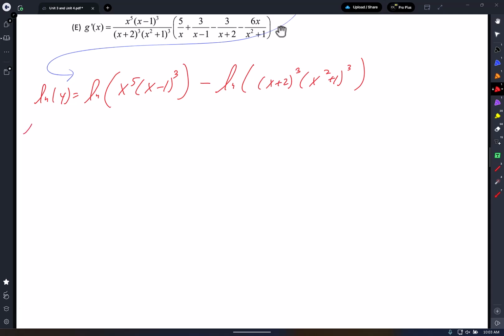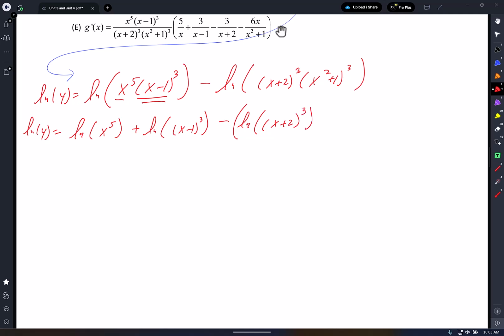So here we go. I'm going to write ln of y equals, and I have a product there, so I can rewrite this as ln of x to the 5th plus ln of (x minus 1) to the third, minus, and I got another product here, so I'm going to put parentheses right here because I'm about to put a plus there: ln of (x plus 2) cubed, close it, plus ln of (x squared plus 1) cubed, close that.